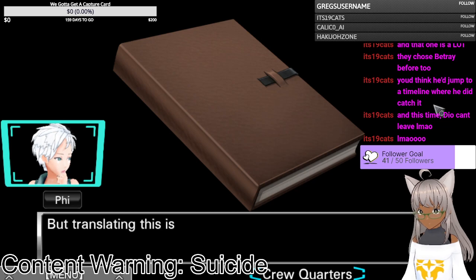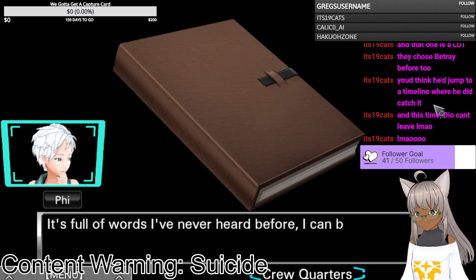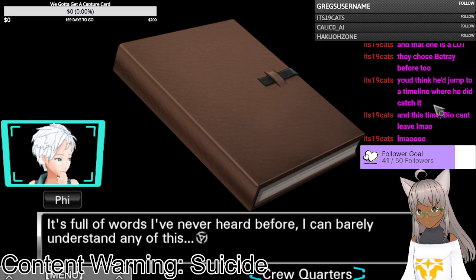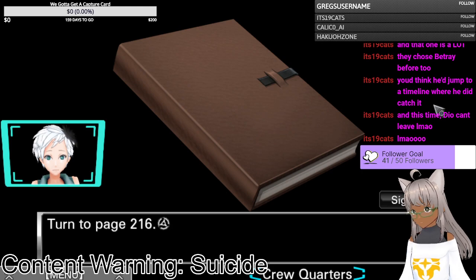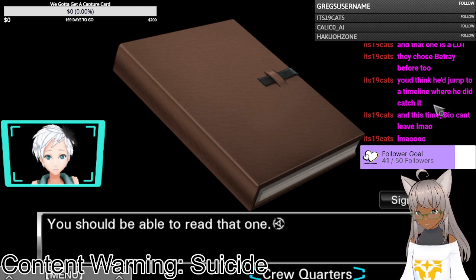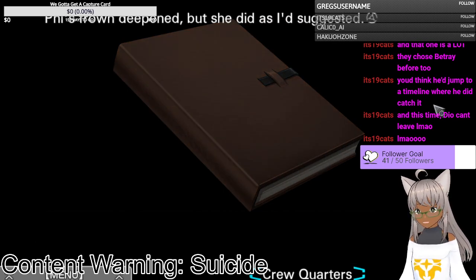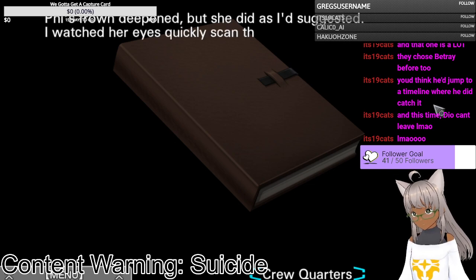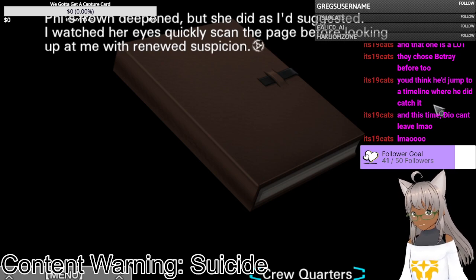But translating this is impossible. It's full of words I've never heard before. I can barely understand any of this. Page 216. Turn to page 216. You should be able to read that one. Fi's frown deepened, but she did as I suggested. I watched her eyes quickly scan the page before looking up at me with renewed suspicion.